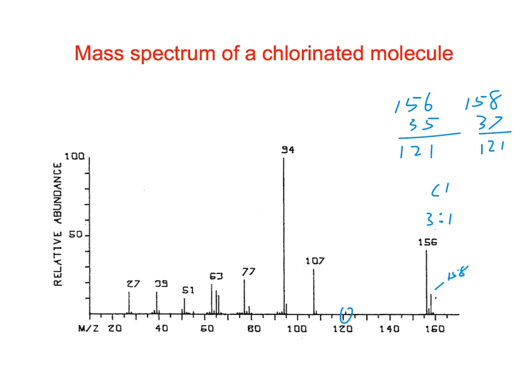It's got to be, like we talked about last time, some logical loss. So let's subtract another 14 for a CH2, so that'd be 121 minus 14 is 107. So this might be the loss of something like CH2Cl.